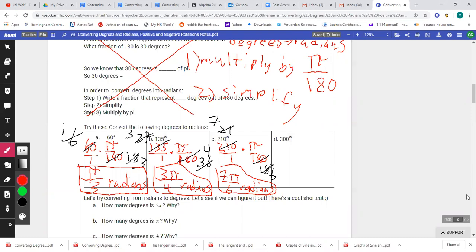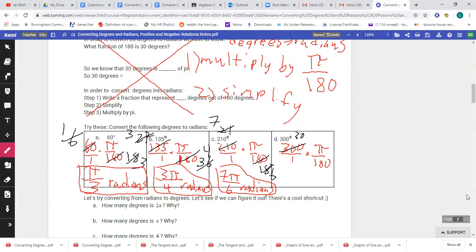Okay, and then the last one, if I'm converting 300 to radians, I multiply it by pi over 180. Once again, the good thing about this one, they both end in zeros. When they both end in zeros, you could just remove the last 0.